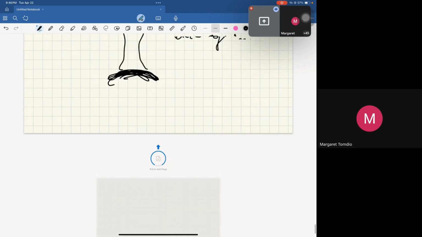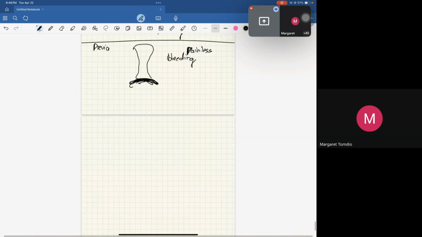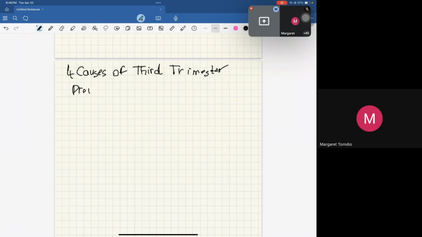And what is placental abruption? Another cause of bleeding. These are the causes of third trimester bleeding. There are four causes. The number one is placenta previa, in which there will be painless third trimester bleeding.